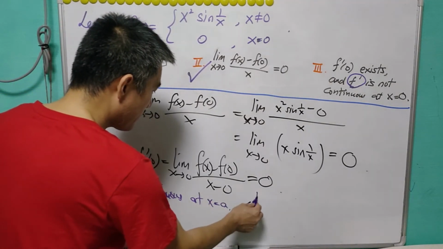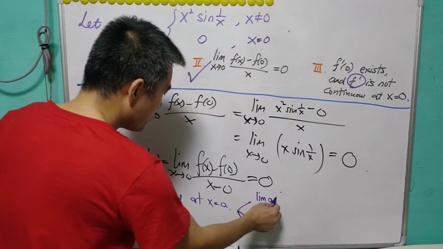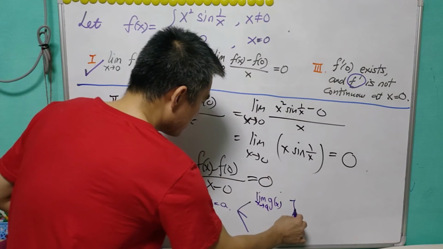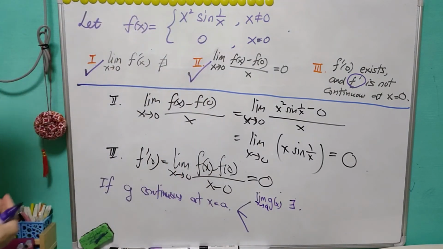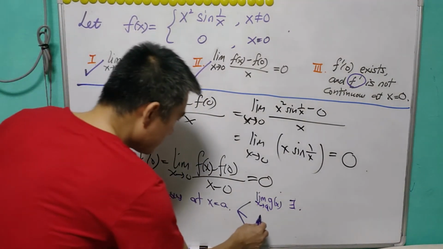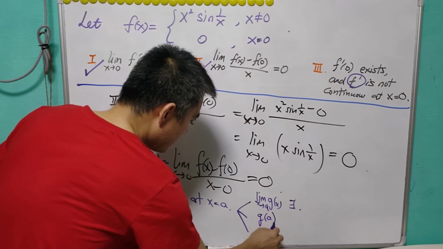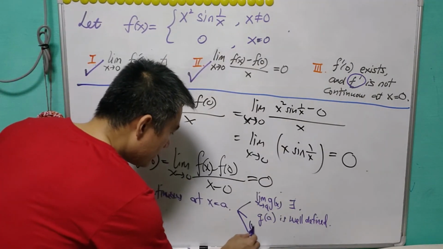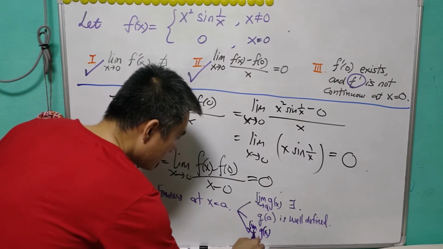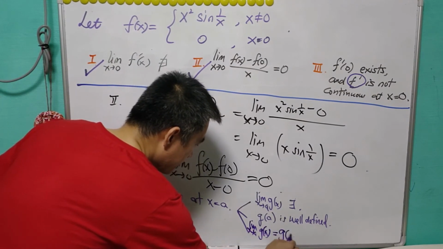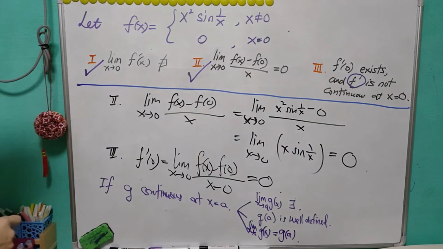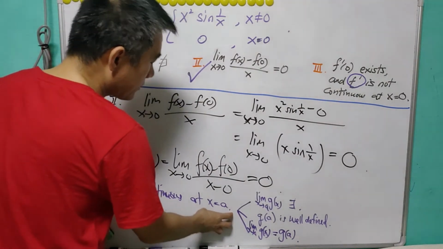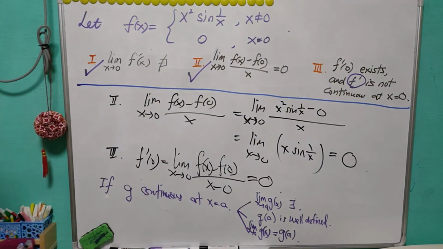The first condition, the limit of g(x) when x tends to a exists. The limit must exist, and g(a) is well defined. And thirdly, this limit must be equal to g(a). That's the definition for g to be continuous at x equals a.